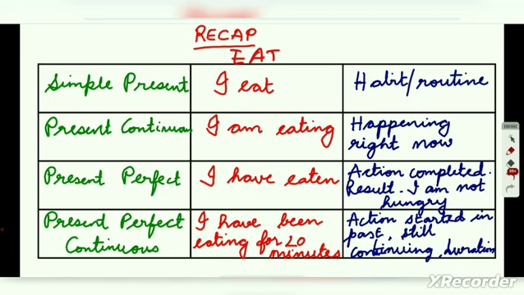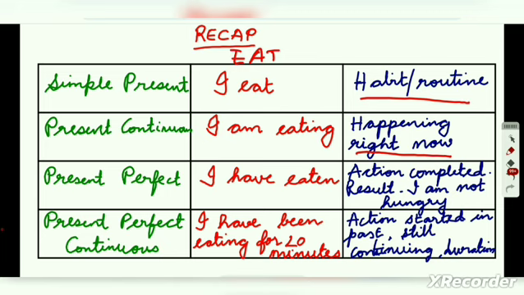So let's take a quick recap on how we got that. Simple present, I eat, means it is a habit or a routine. Present continuous, I am eating, means the action is happening right now. Present perfect, I have eaten: the action is completed and the result is I'm no longer hungry.